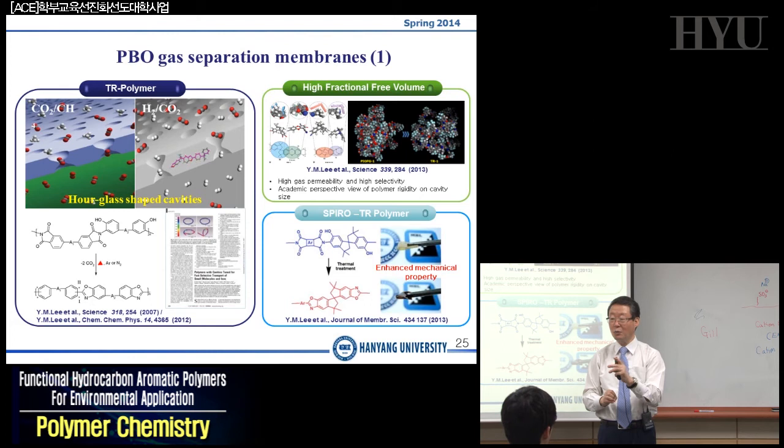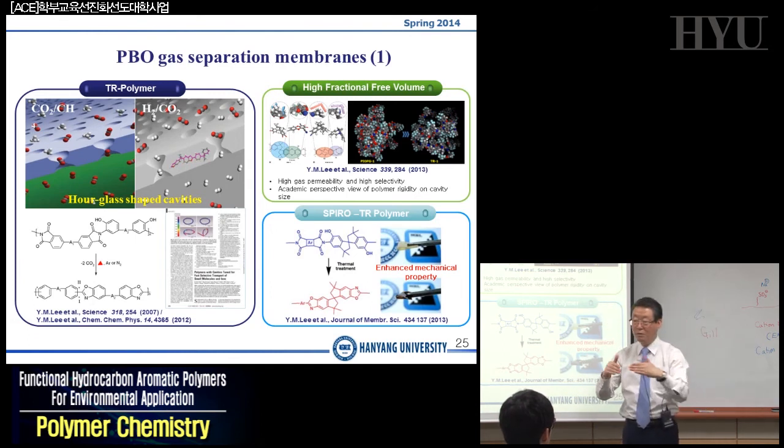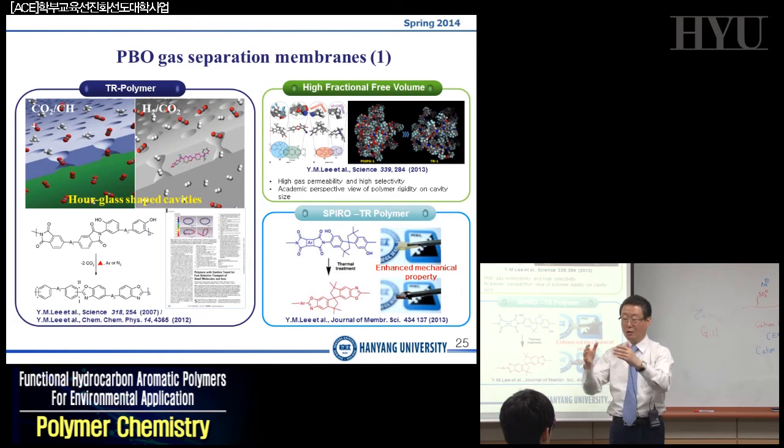Therefore, what they have done was to pressurize the CO2 and biogas or methane gas up to about 20 bar, 20 atmosphere, high pressure, so that only small gas molecules like CO2 can diffuse through, just like jumping from one pocket to the other pockets, just like what you have looked at in your physical chemistry textbook.